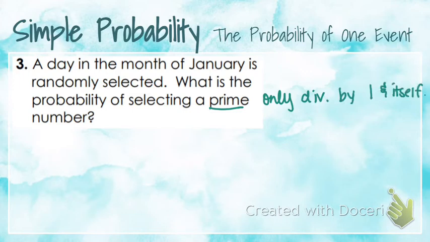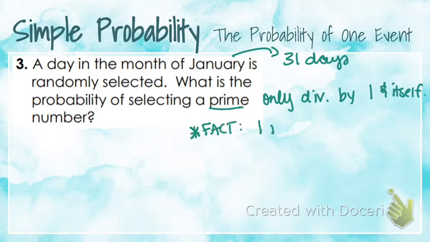So we need to know also how many days are in January. There are 31 days in January. All right, so let's look. We have 1 is not a prime number. That's also a fact that you have to know. 1 is not prime. Okay. So 2 is a prime number.